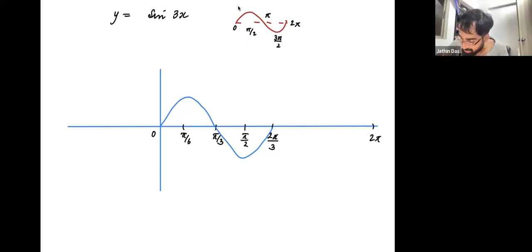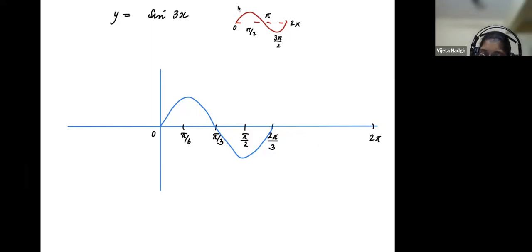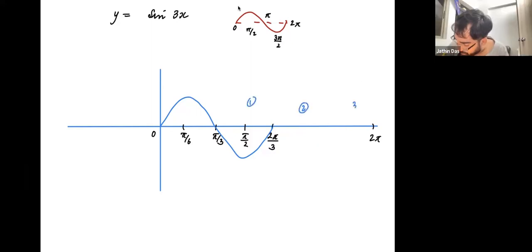I didn't keep the exact magnitude, but understood? This is one cycle, second cycle, and by the end of the third cycle it will come back here again. Because 2 pi by 3 is 360 by 3, 120. 120 is the time period. So like that, you will have 3 cycles. And exactly the same backward also.